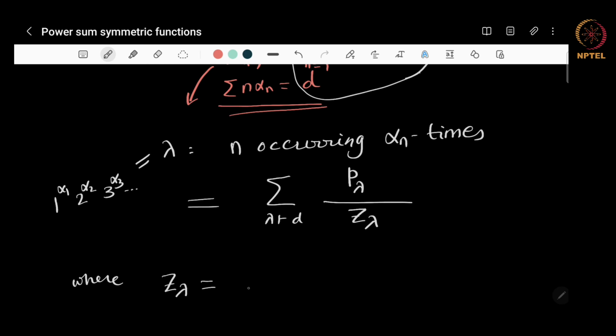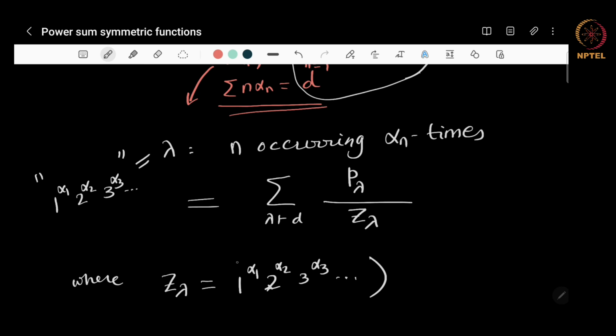So z lambda is the following number. It is n power alpha n, so it's just 1 power alpha 1, 2 power alpha 2, 3 power alpha 3. This is multiplicative notation for a partition, but now what I am writing is the actual number, an integer.